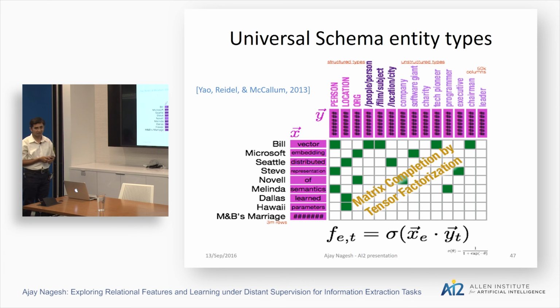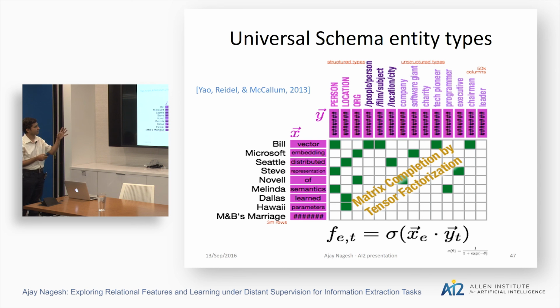And there is already some work from our lab which uses universal schema to do this kind of thing. So universal schema tries to learn a latent representation of the types by doing matrix factorization and learns these vectors in a low dimensional space, where some of the labels come from structured knowledge bases like Freebase, and some of them can be textual appositives which are extracted from free text.